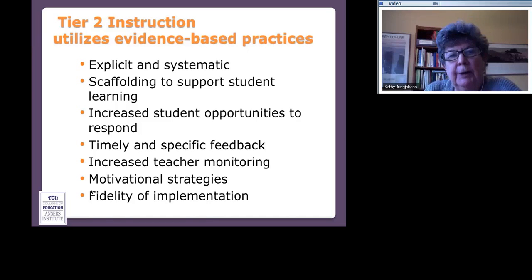And then finally, around Tier 2 instruction, it's important to look at fidelity of implementation, that if we're using a curriculum that has evidence of being effective, it will only be effective if it is implemented the way it was intended and with all components of that program.